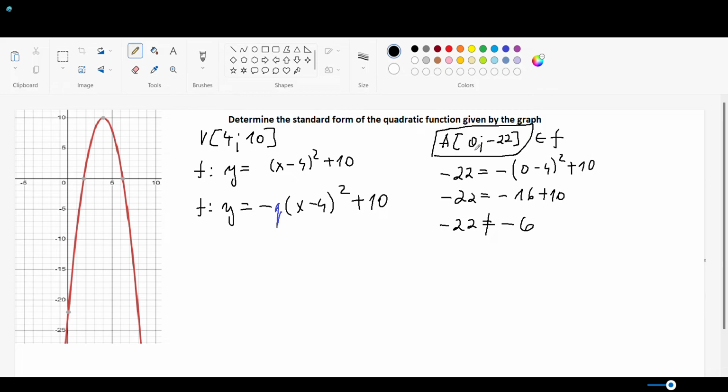To find out what q is, again, it's simple, because we have to be sure that the point with coordinates 0 and negative 22 is part of the function, which means we will come to the equation: negative 22, which stands for y, because it's a point of our function, must equal negative q times x, but in this case x is again 0, so we will have 0 minus 4 squared plus 10.